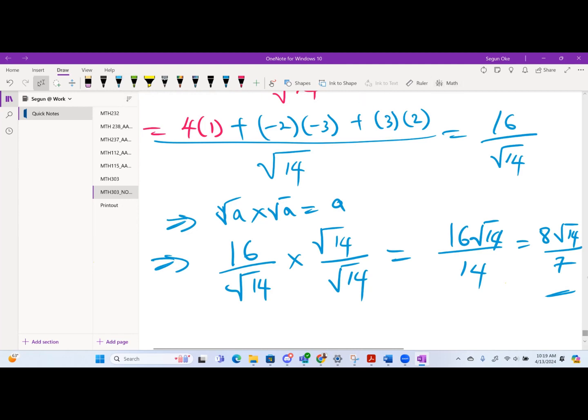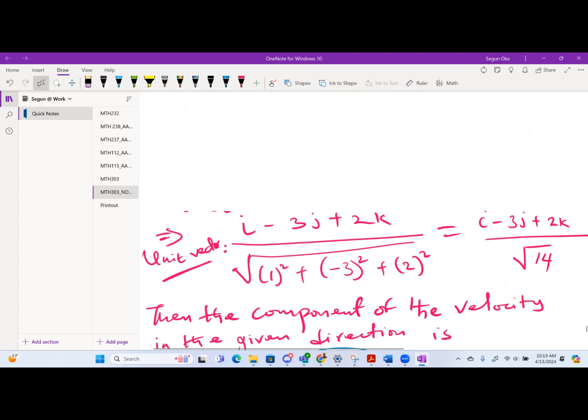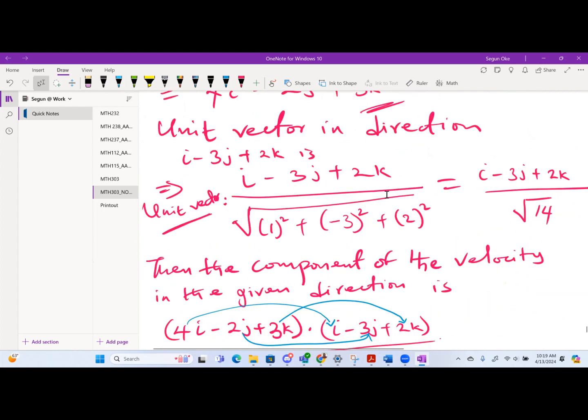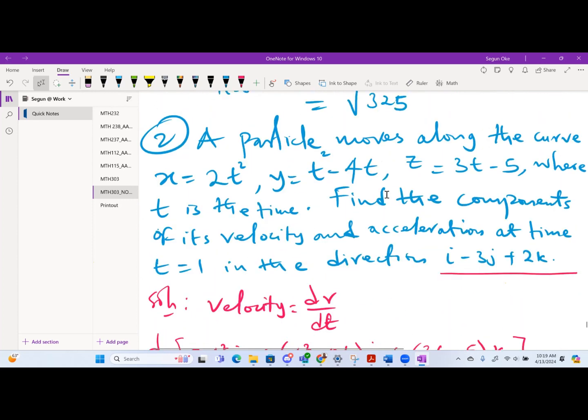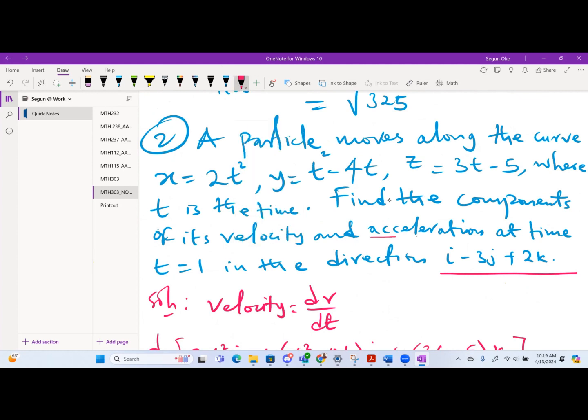Okay, let's move on. Remember, we only solved the first one, the component for velocity. Please take notes for when you are given this on your exam date. Don't mix them together. They are different. So this is acceleration now.